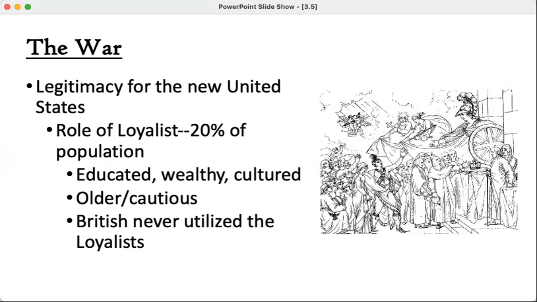The result is, because the British never properly utilize the loyalists, the people who are left, the people who did not go to Canada, will be more militant, more aggressive.